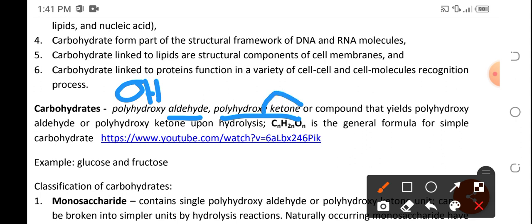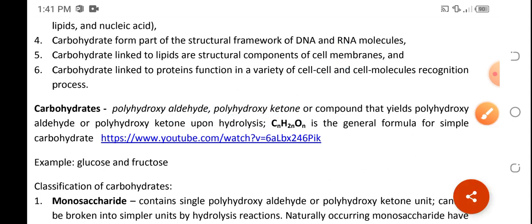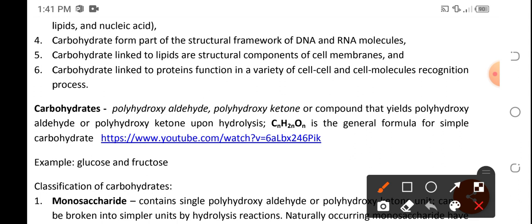So recall natin anong difference ng aldehyde and ketone. Ang pinagkaiba lang nila ay yung position ng carbonyl group nila. The C double bond O. Okay, the carbonyl group. Or carbohydrate could also be any compound that yields polyhydroxyaldehyde or polyhydroxyketone upon hydrolysis.